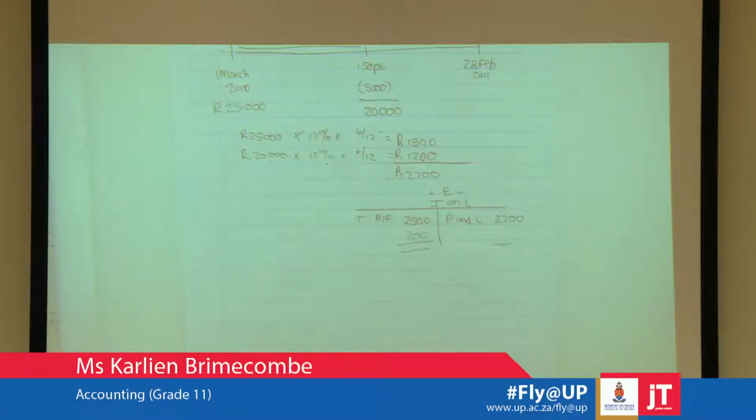There are many different ways in which they ask interest. Another way is by giving you a loan statement and saying interest is capitalized. The monthly repayment of the loan was X amount times 12, so work out the interest for the year. Okay, so we're going to look at those sort of things as well when we work through more papers.